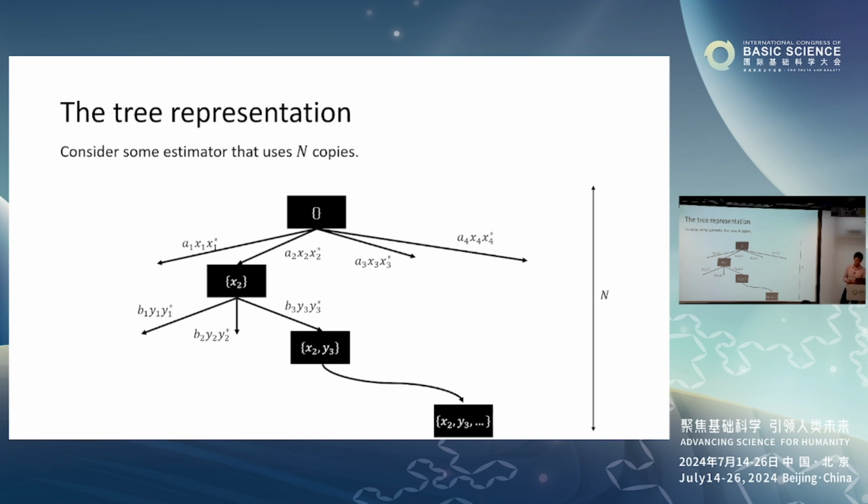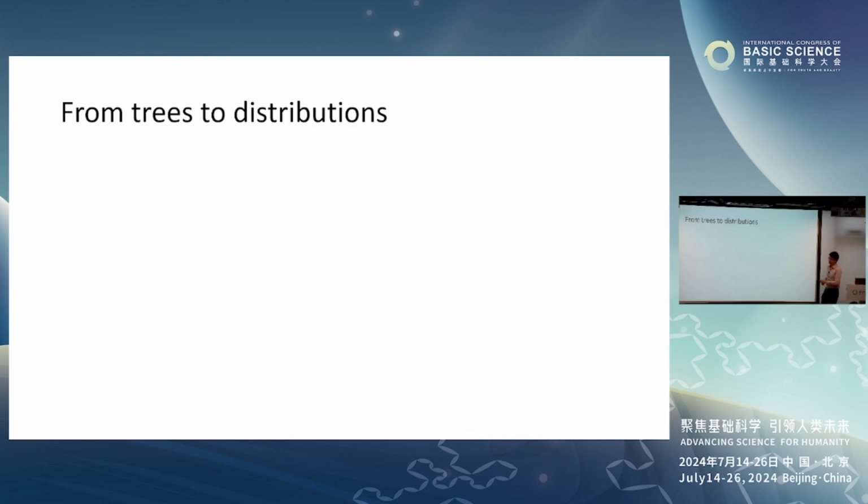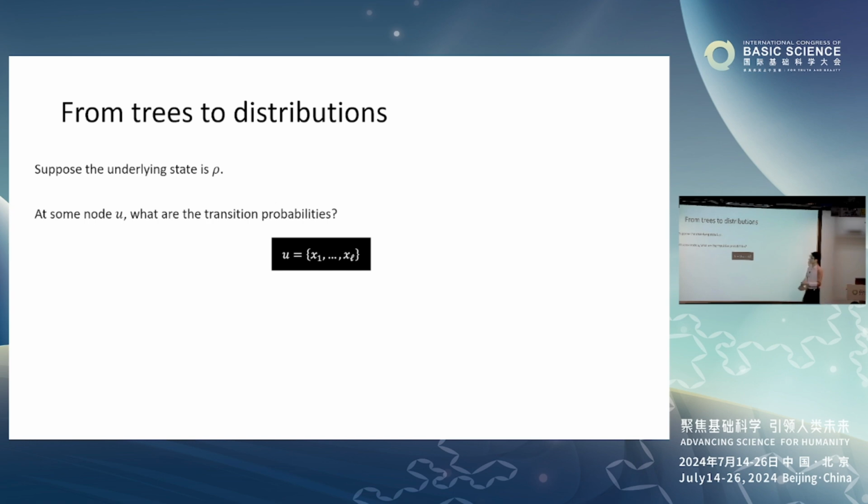So how do I reason about such distributions, or such tree representations? Suppose my underlying state is rho, and suppose I've reached some intermediate node u in my tree, indexed by the string of things it's seen so far, x1 through xl. What are the transition probabilities? Let's say at this point it chooses to do the following 2-element POVM.